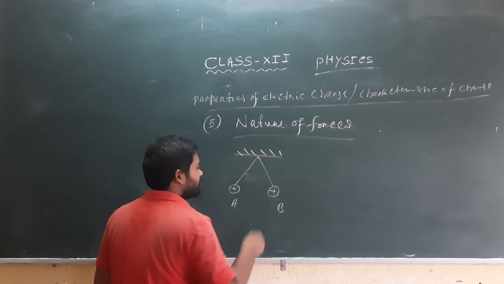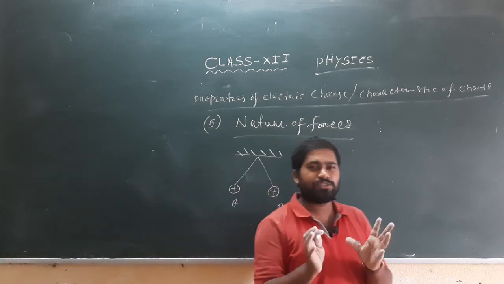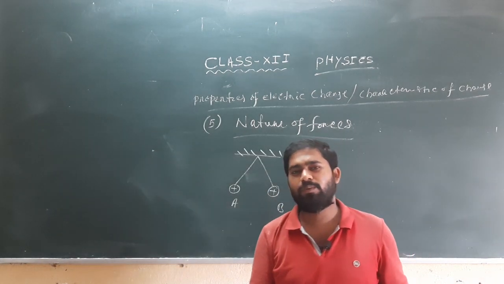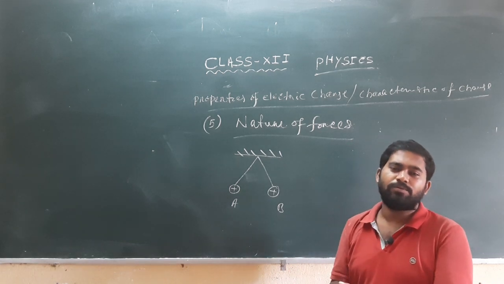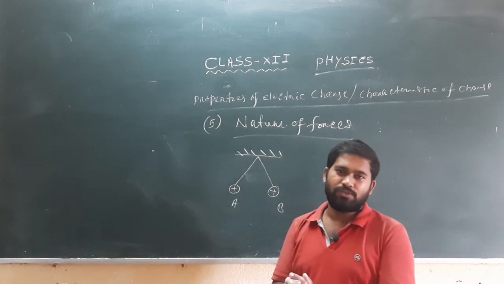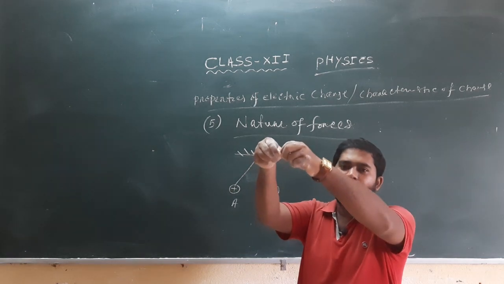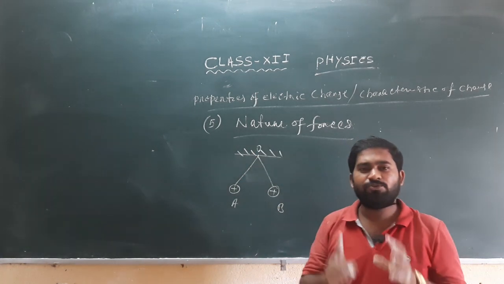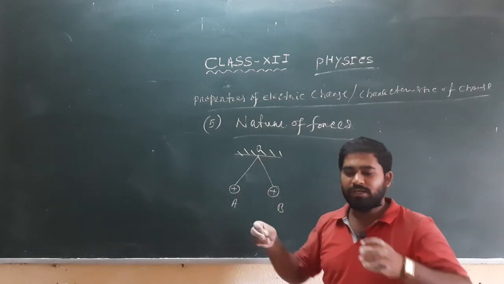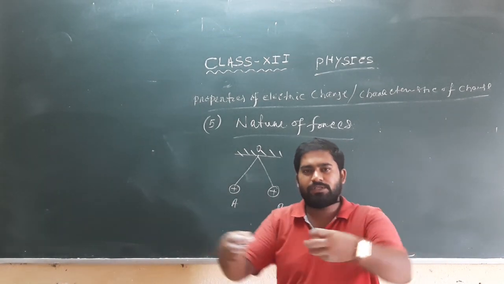When we take friction of the glass ball with the silk, then both the glass balls acquire positive charge. And when they hang from a common point, suppose the common point is O, then we find A and B both move away from each other.